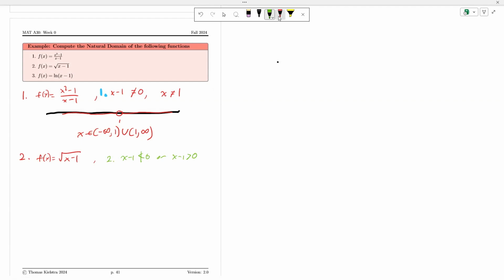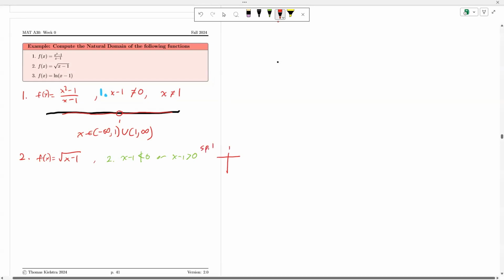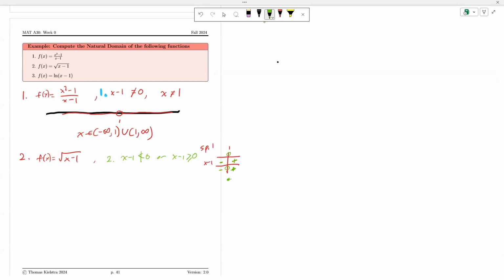Here, using the split point technique, we isolate our split point as 1, x minus 1, negative, positive, and this is greater than or equal to 0, and I am 0 at x minus 1. So this is at 1 and bigger, so x is in the interval 1 to infinity.